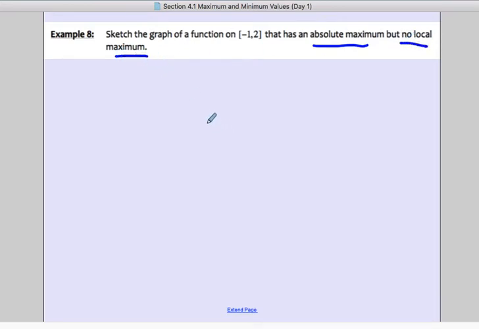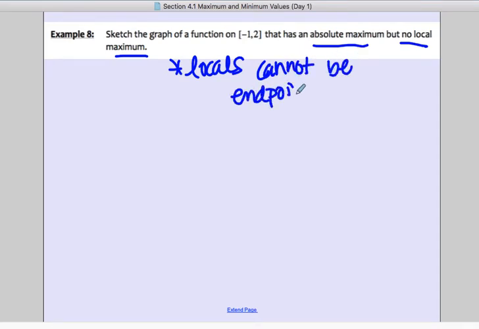We have an absolute, but no local. Okay, well, let's think about it. If I have a max and I have no local, what did I tell you guys locals cannot be? Endpoints. So I'm going to have to draw something that has an absolute max that's an endpoint, okay, on that interval.